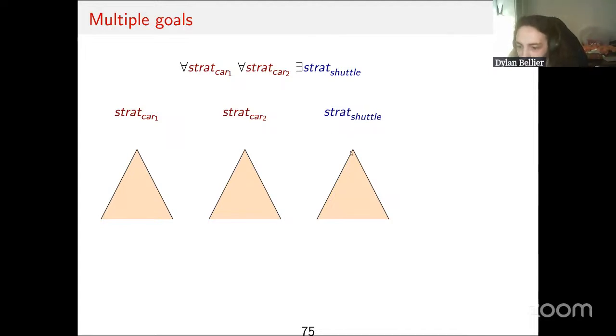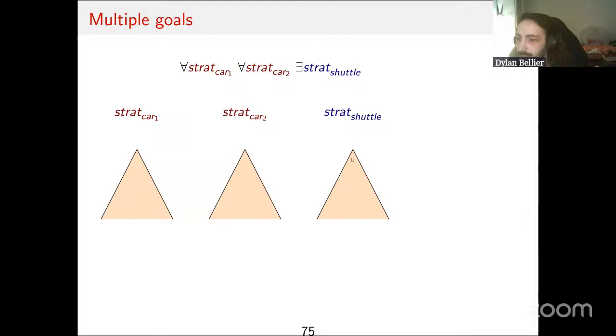So the point is, when you have a strategy here, you can say that the strategy of the car 1 says to turn right at some point, and the strategy of the car 2 says to turn left. It means that there is a difference between the two strategies, and the strategy of the shuttle can react to that because it will enter in different positions in the game.